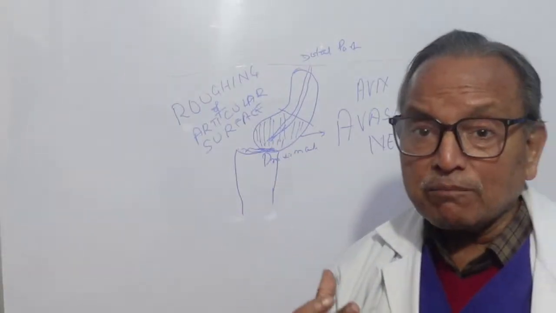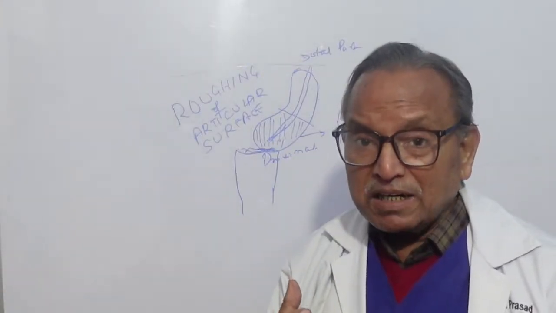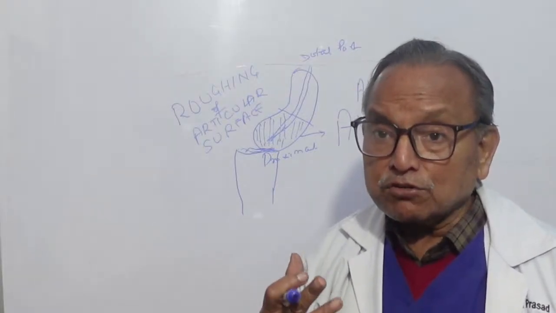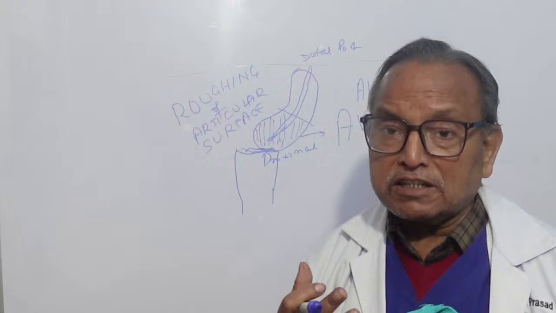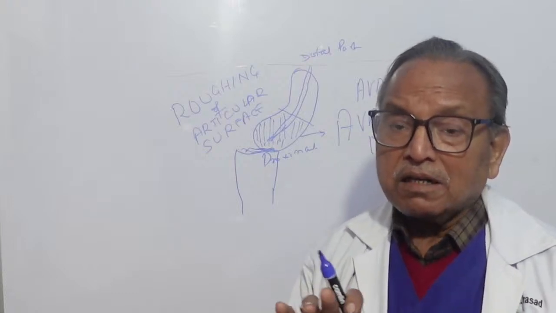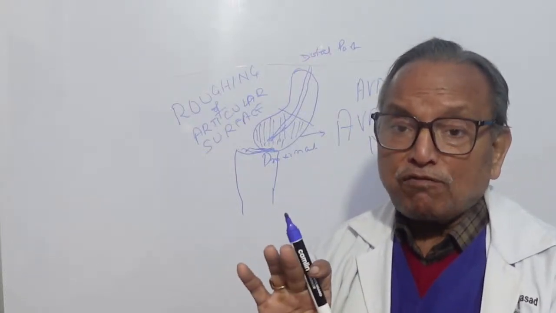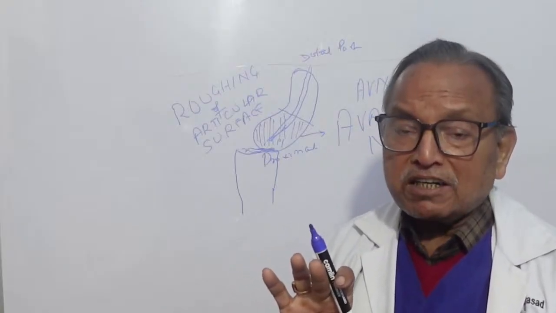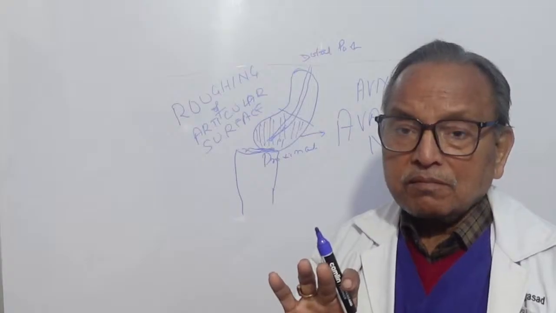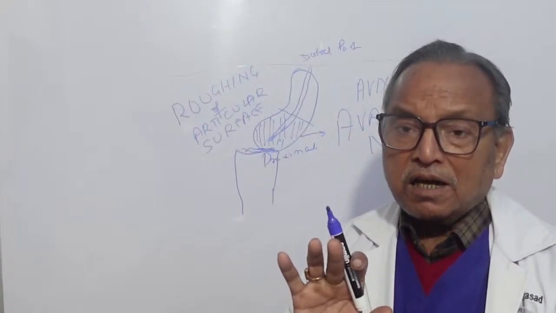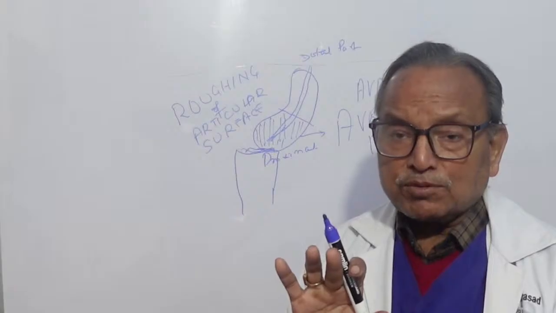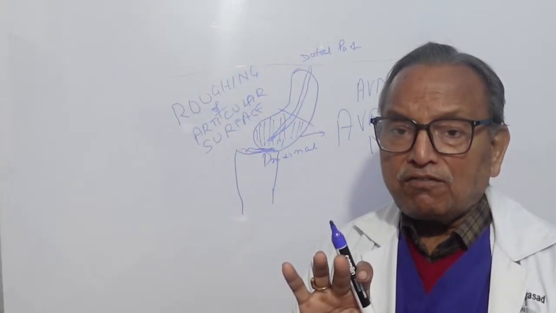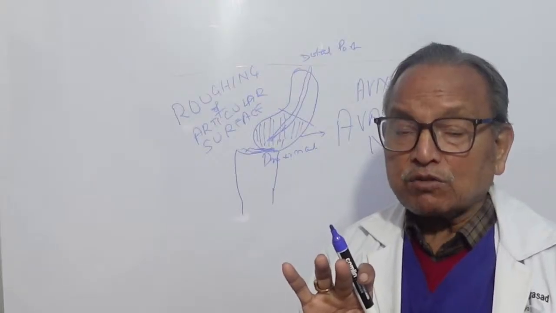The wrist joint will become painful, and you may have to fuse it. Sometimes it is so painful, so troublesome, that your patient is always in pain, and in that situation you have to fuse the wrist joint so that there is no movement at the place. It is fused in functional position, and there is no other option except fusion of the joint if it becomes rough and painful due to avascular necrosis.